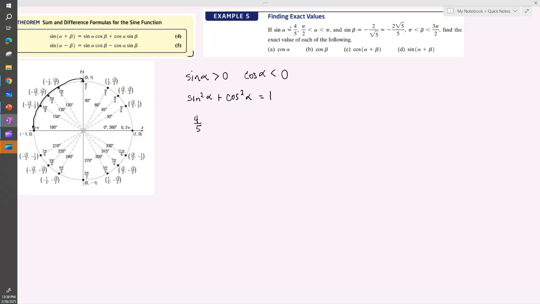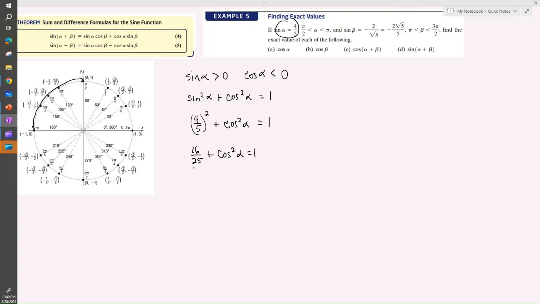Okay, so there's my sine of alpha. I'm going to square it and then add, we don't know the cosine yet, but we know that if I square it, add it to the square of the sine of alpha, I get 1. Okay, so that's going to be 16 over 25 plus cosine squared alpha equals 1.